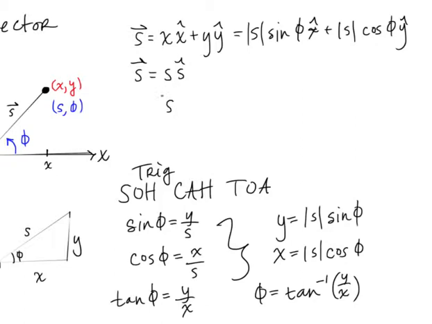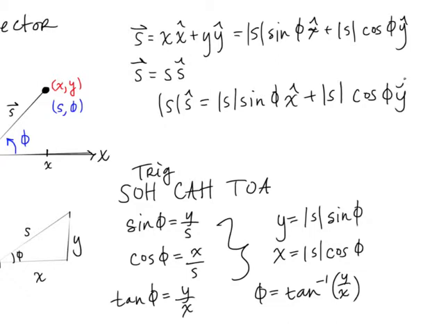So now we have the magnitude of s s-hat is equal to the magnitude of s sine phi x-hat plus the magnitude of s cosine phi y-hat. And we can just divide out the magnitude of s.